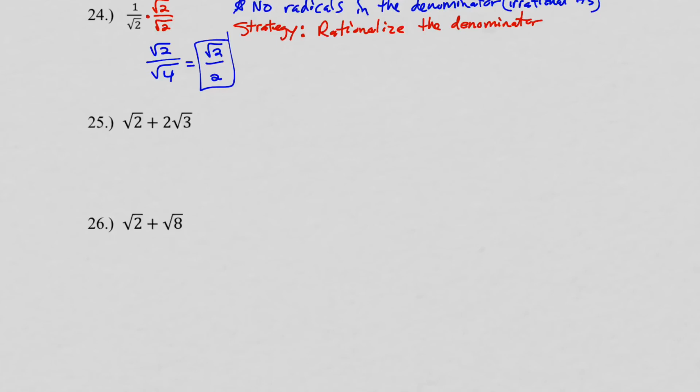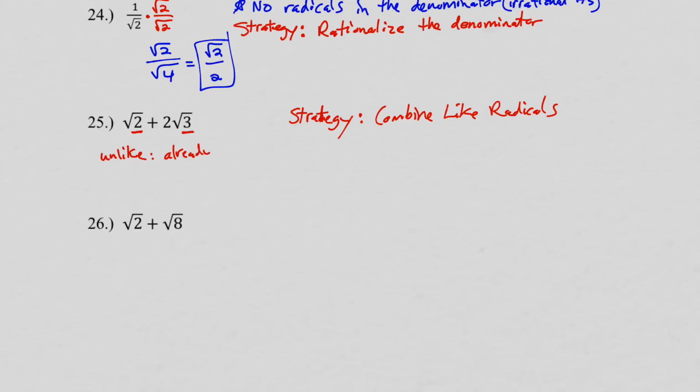For 25 and 26, we're adding radicals. So the strategy here is to combine like radicals. Okay? And as you can see for number 25, this is a radical 2, this is a radical 3, so these are unlike, which means that this is already simplified.